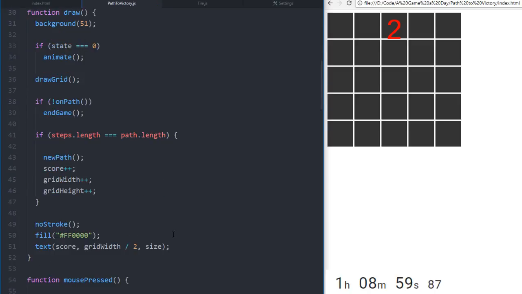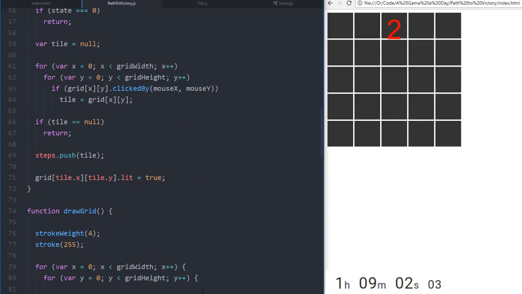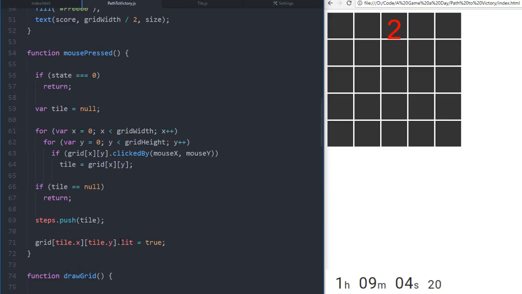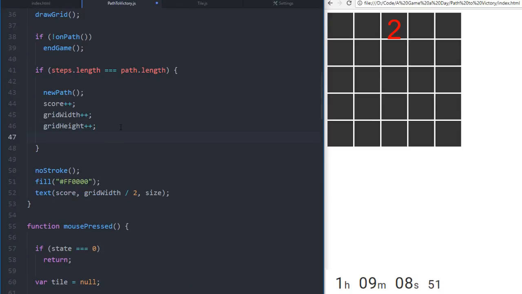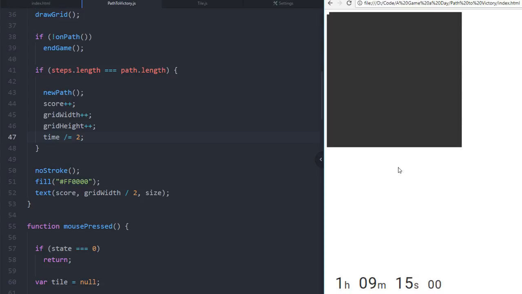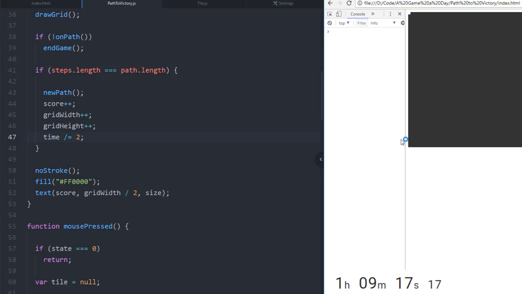What we will say is, where do we increment stuff? Time division equals 2. So now it's gonna go 2 times quicker. Oh wow. What did I mess up?